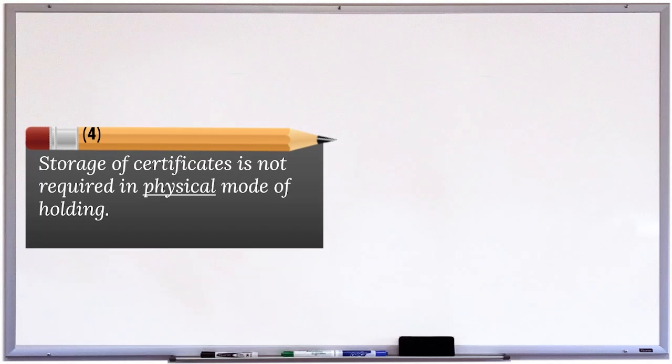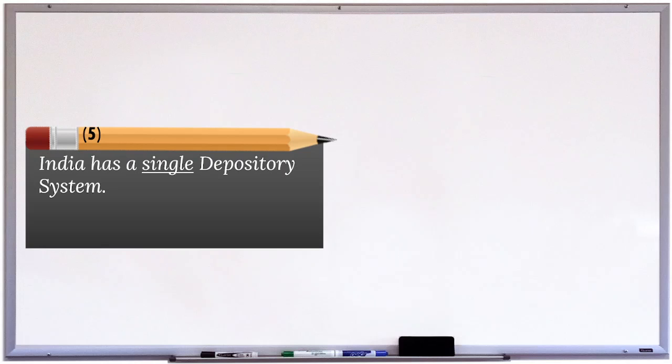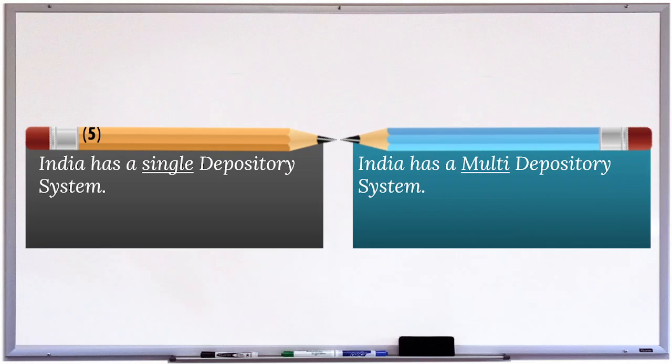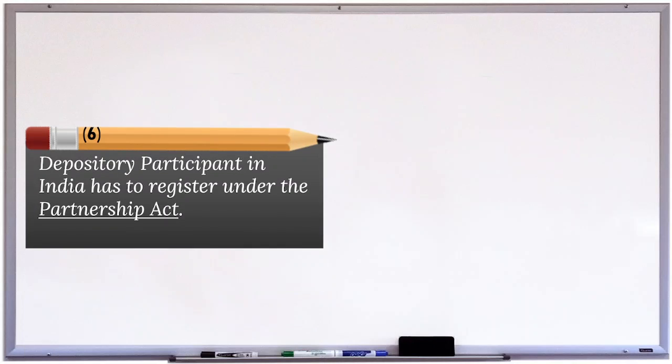4. Storage of certificates is not required in physical mode of holding. Answer. Storage of certificates is not required in electronic or depository mode of holding. 5. India has a single depository system. Answer. India has a multi-depository system. 6.